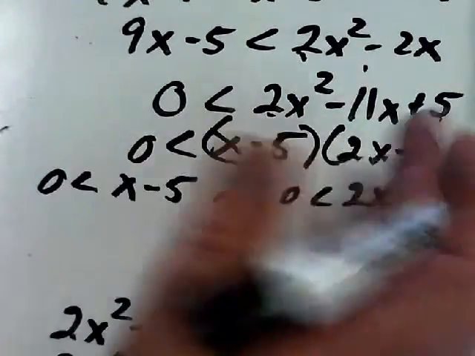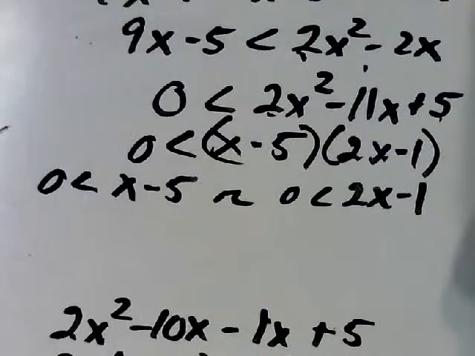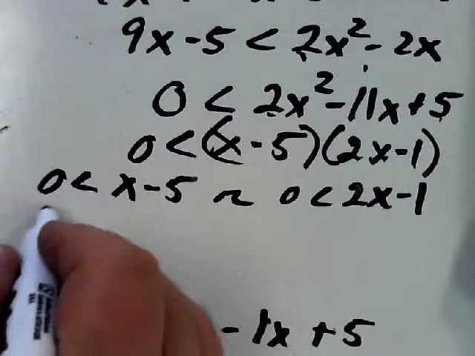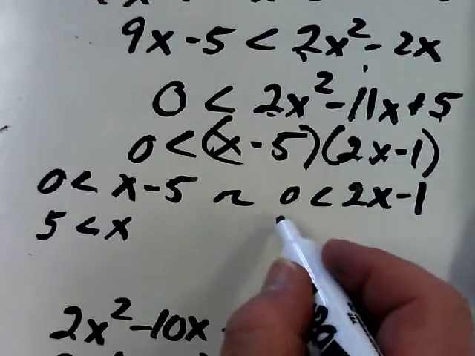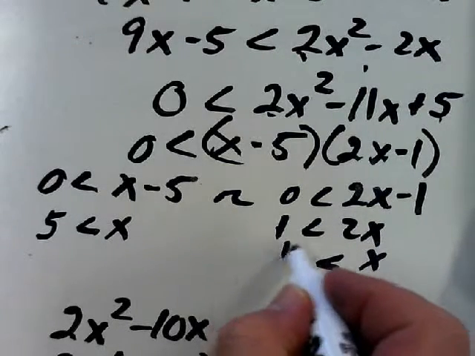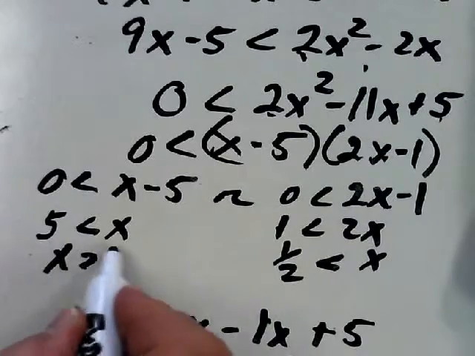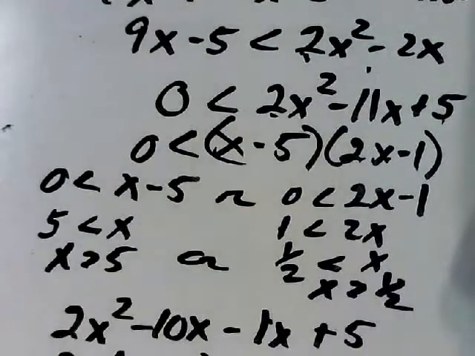Well, if I flip this, wouldn't this be a greater than then, instead of a less than? Yeah. Well, with greater thans we use ors, don't we? So right now I have 5 is less than x, or 1 is less than 2x, x is greater than 1/2, or x is greater than 5, or x is greater than 1/2.